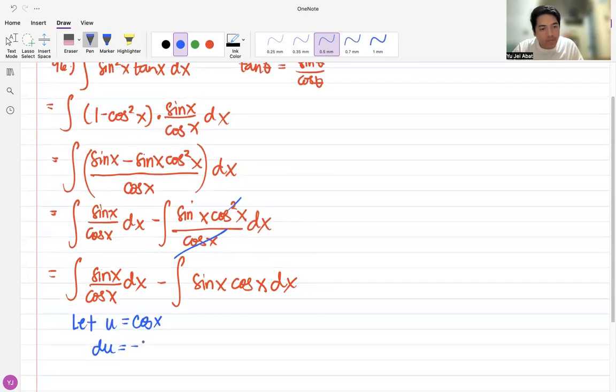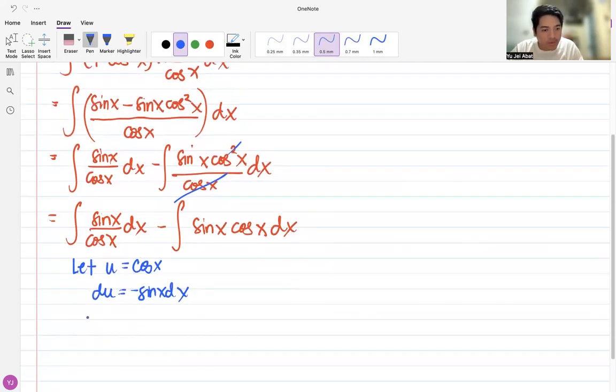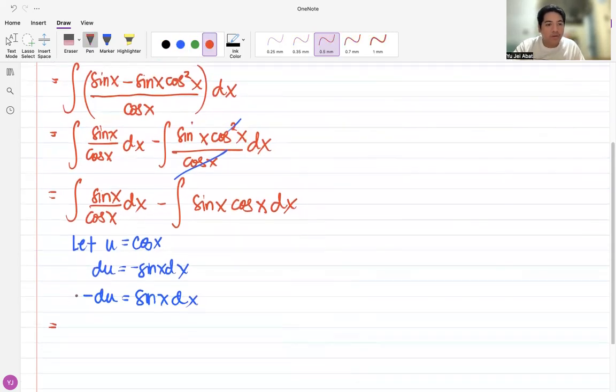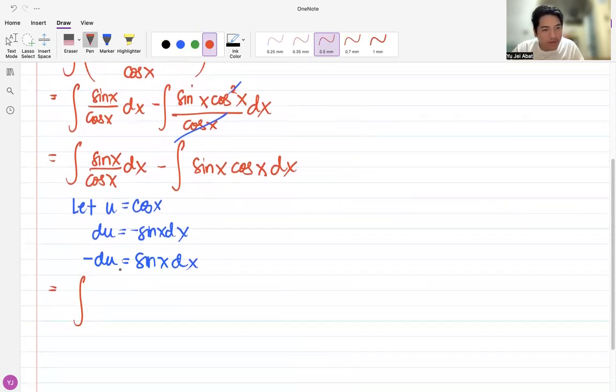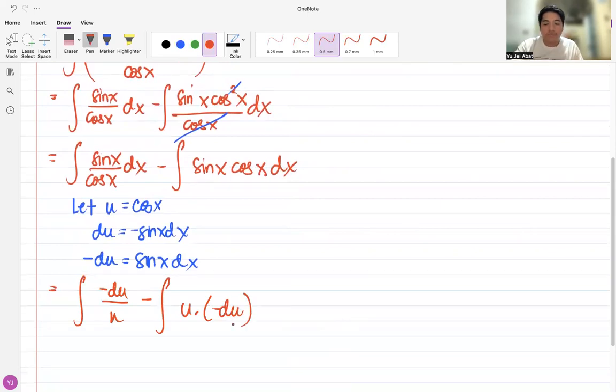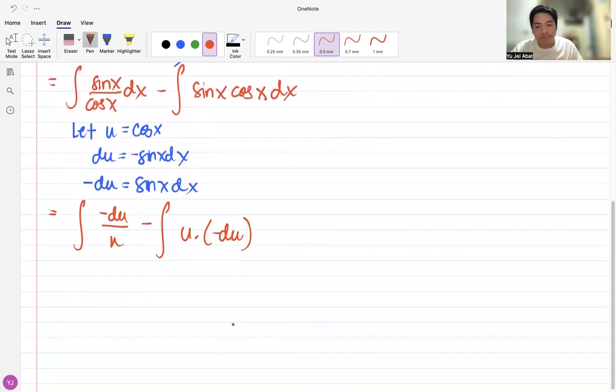So the du would be negative sine of x dx. But we only have sine of x dx, so we can have negative du for sine of x dx. So we substitute: negative du over u minus, for cosine of x we have u, and sine of x dx will be negative du. So this will be negative ln of the absolute value of u.